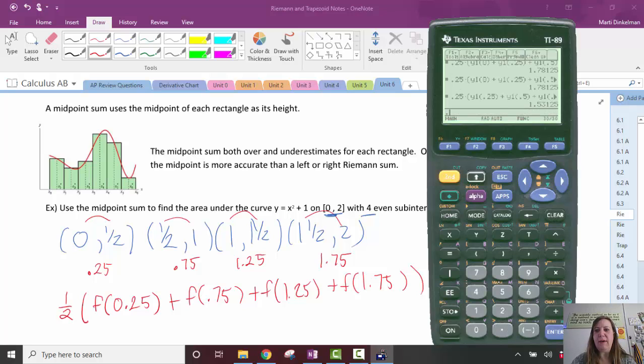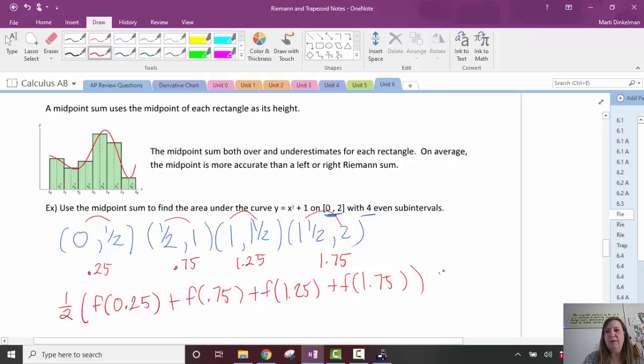So again, I'm doing 0.5 as each of the widths, and then I need y1 of 0.25, y1 of 0.75, y1 of 1.25, and then y1 of 1.75. Okay, so 4.625 looks like the answer.